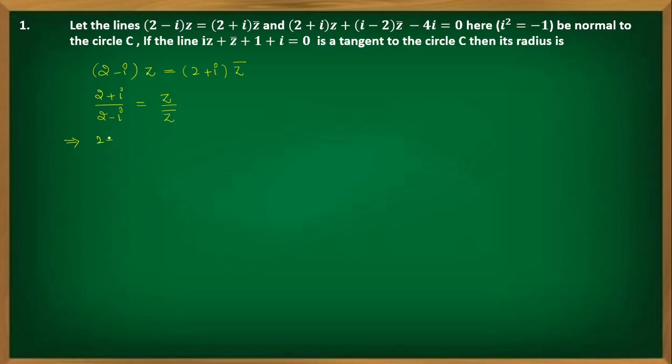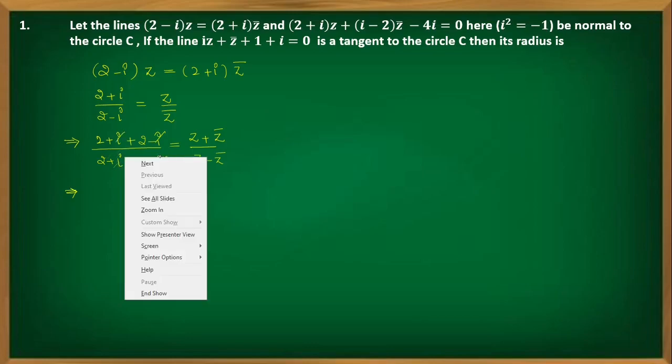So here the numerator is 2 plus i, plus the denominator 2 minus i, divided by the numerator 2 plus i minus the denominator 2 minus i. The same thing on the right hand side, numerator plus denominator, z plus z bar, by z minus z bar. Now after simplification what are you going to get? 4, and here the i cancelled.